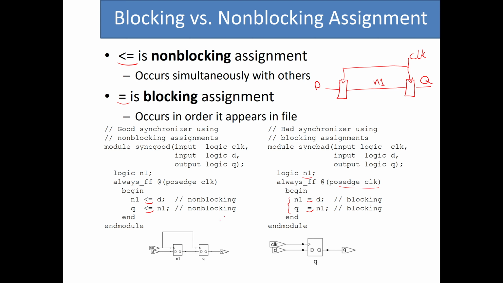One is used to act as a buffer, and then the next one gets the input of the first one, but only with one rising edge of the clock time difference. But the whole point was that using this design, we were able to reduce the probability of a metastable state for our flip-flop significantly. So you always need to pay attention to which of these two types of assignment you're using.